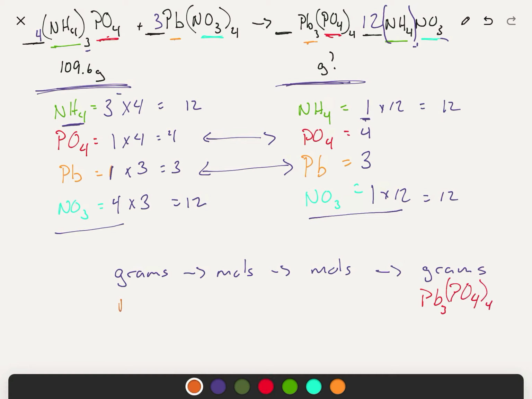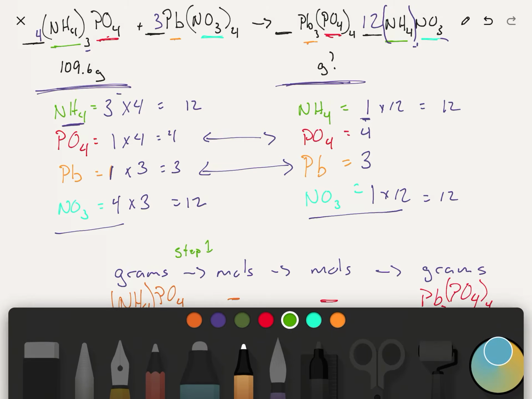This will be grams of ammonium phosphate. And then moles of the same and moles that we change. So to go from grams to moles, our step 1, we need to divide by molar mass.